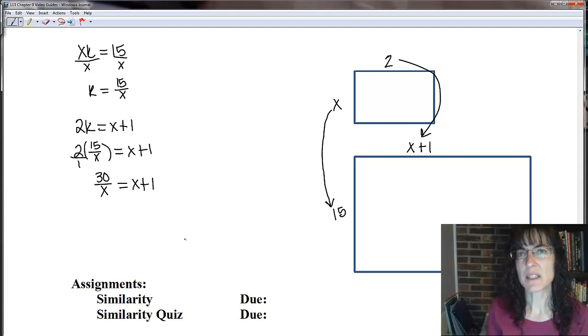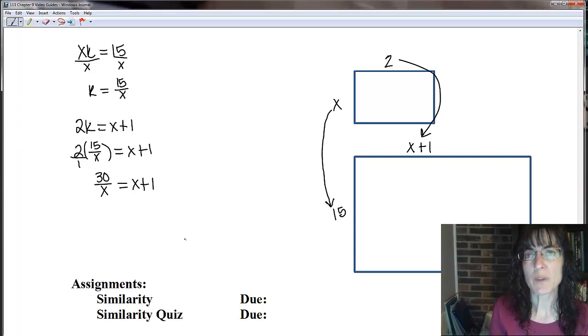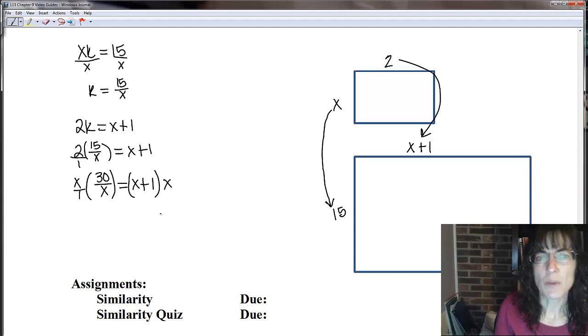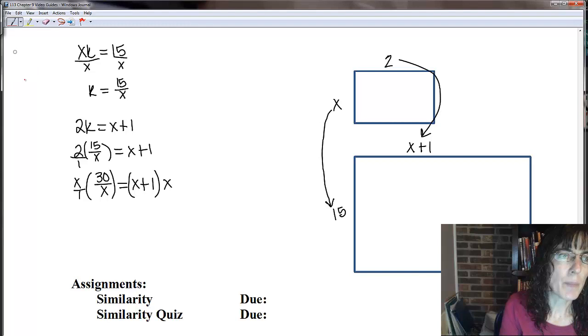I want to get the X by itself, but I have two of them, and I have one as a denominator, so I want to clear the fractions, which means multiply both sides by that X. So I'll multiply the left hand side by X, and you can think of it as X over 1 for that side, and then multiply the right hand side by X. So when I do that on the left, my X's reduce, and I'm left with 30.